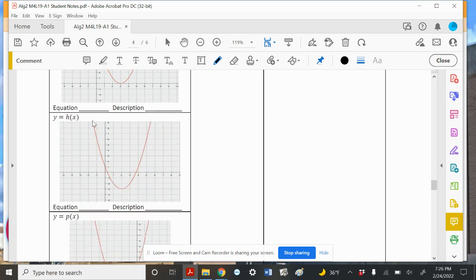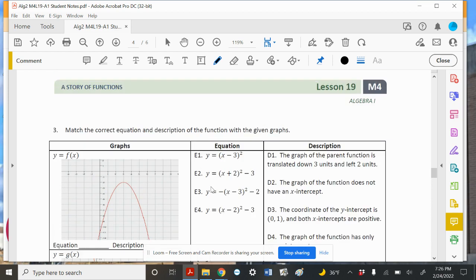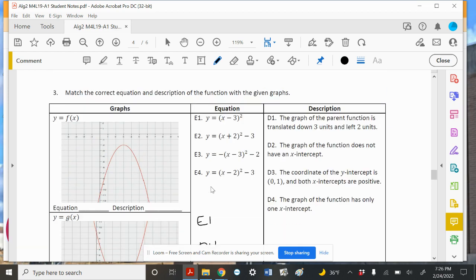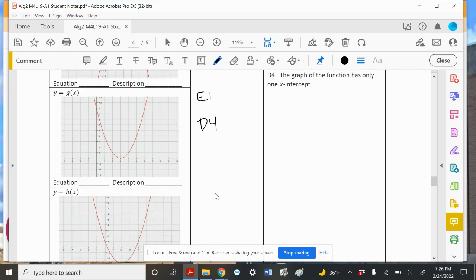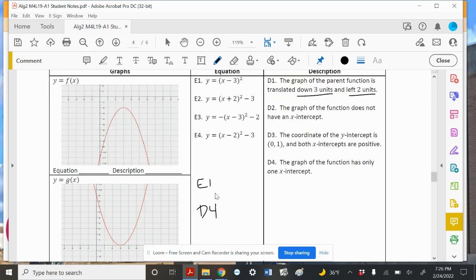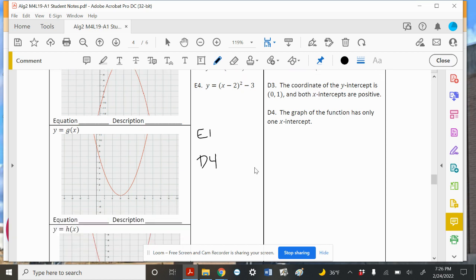Over here, we can see the parabola moved to the right 2 and down 3, not down 3 and left 2. We did not go to the left 2, so that's not true. The y-intercept is 0, 1. Let's take a look at that.